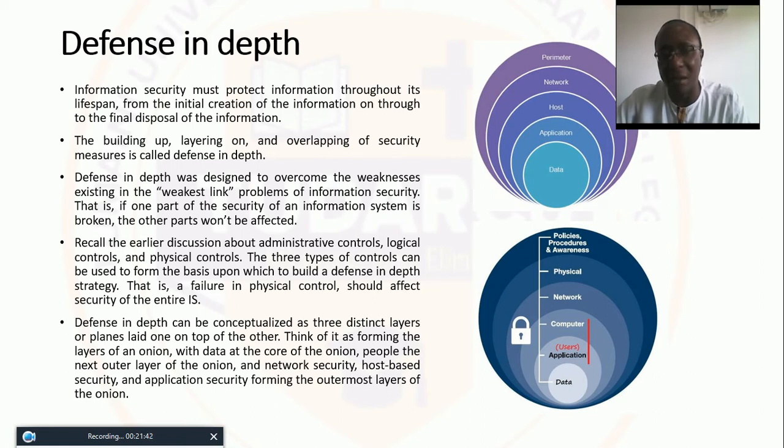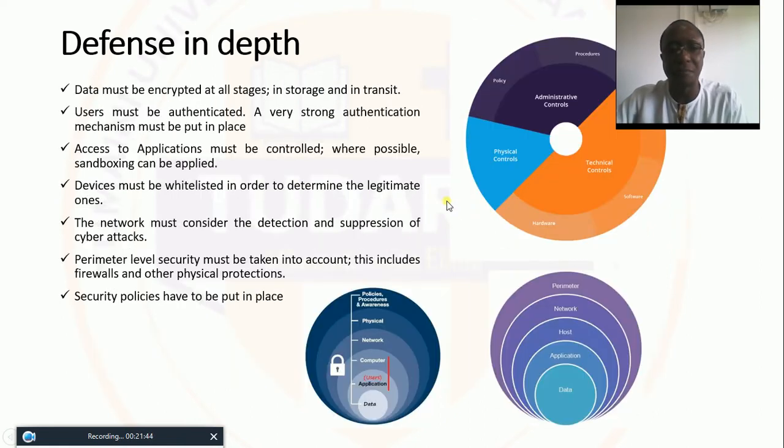Data must be encrypted at all stages. Data in a computer, or in a mobile phone for that matter, should stay encrypted. And encryption is a very important control, as I said earlier, when it comes to information security. Users must be authenticated when it comes to using network resources.